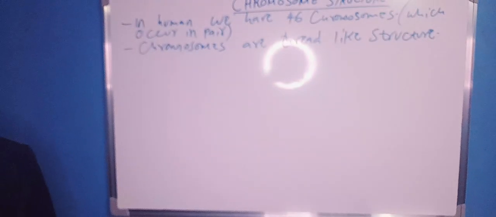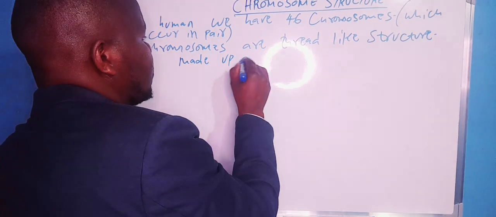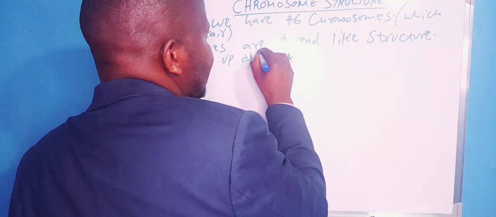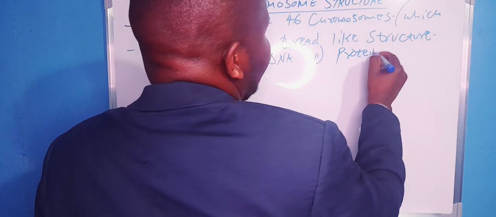These thread-like structures will be made up of two components. Which are those ones? DNA, that is one, and two, proteins.